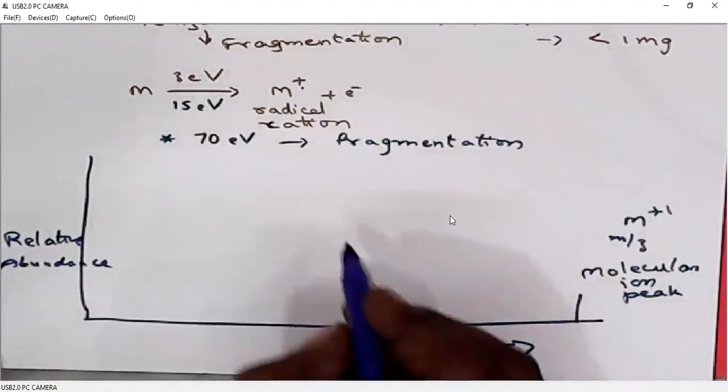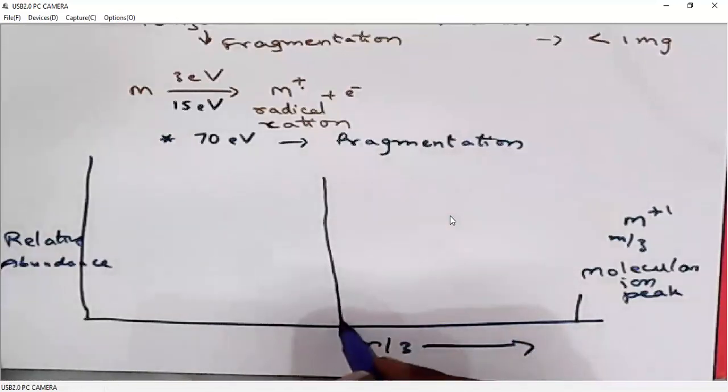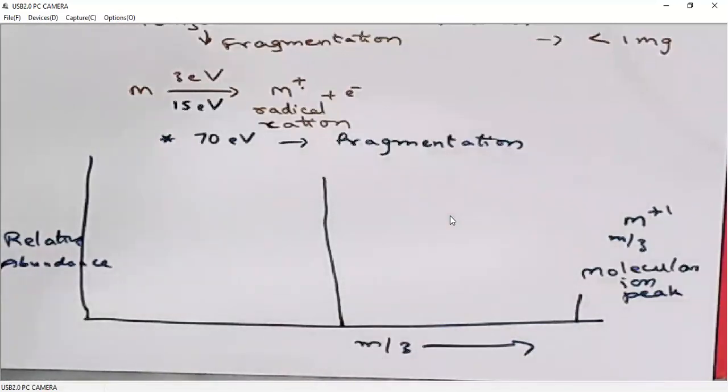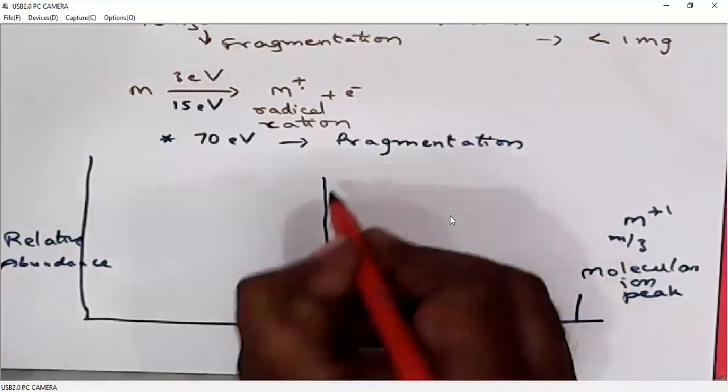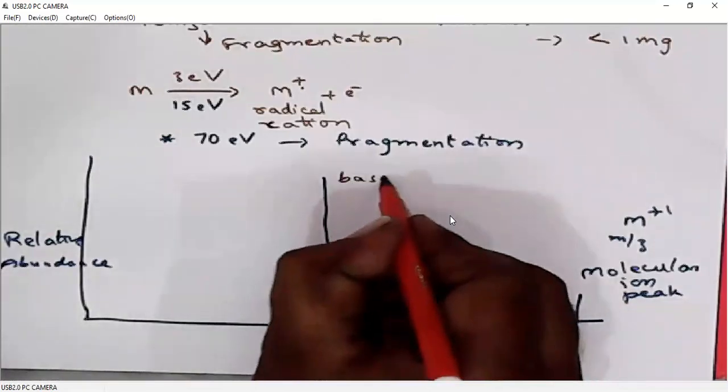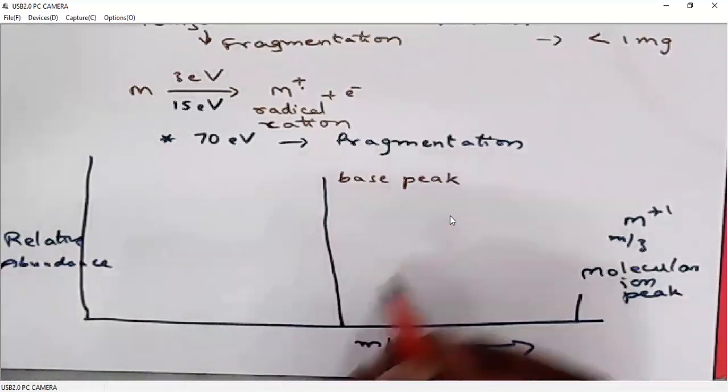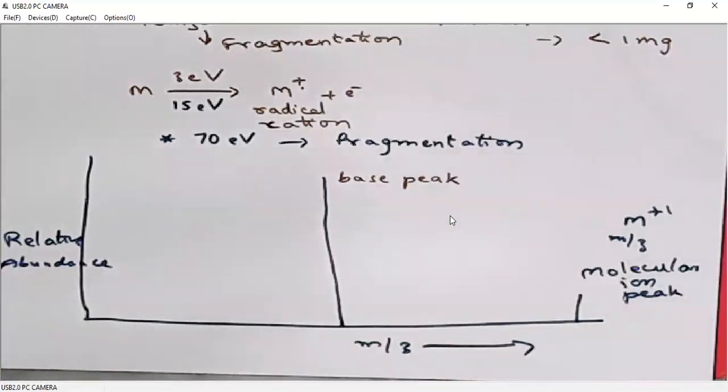And in the spectrum somewhere, we will have some most abundant peak. That means a stable ion will be observed that has very high intensity. This stable ion is called the base peak. Generally we pick the tallest peak, and that is called the base peak.